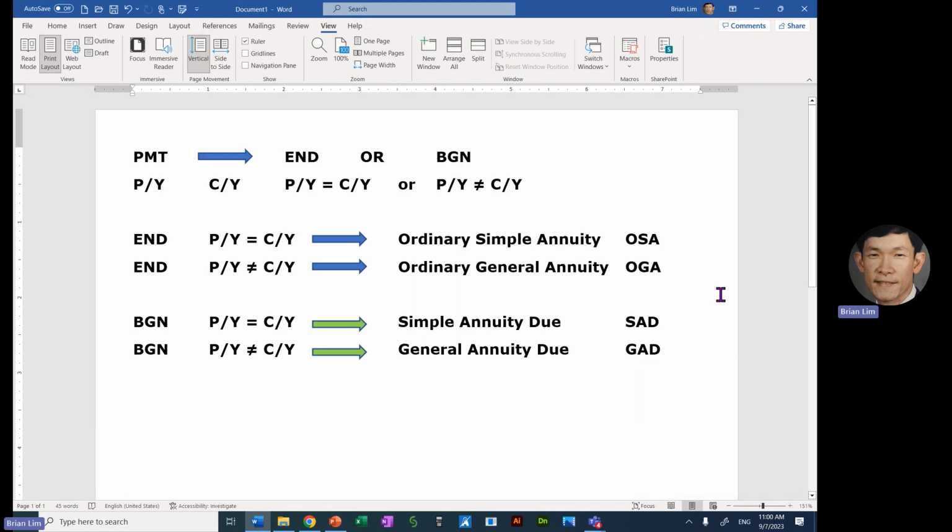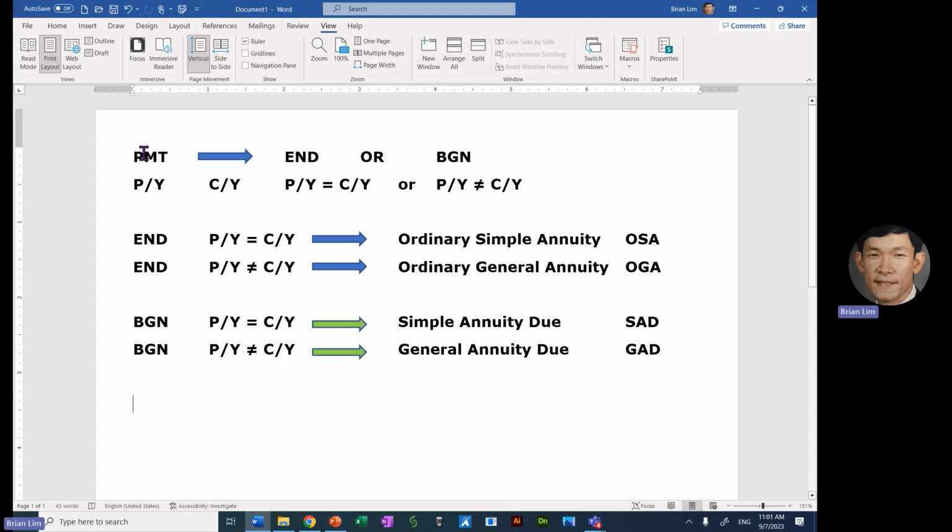In this episode, we will be looking at 4 different types of annuities: ordinary simple annuity, ordinary general annuity, simple annuity due, and general annuity due. Now, previously, when we were working with compound interest, there was no payment.